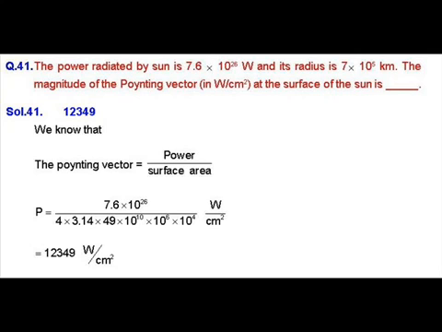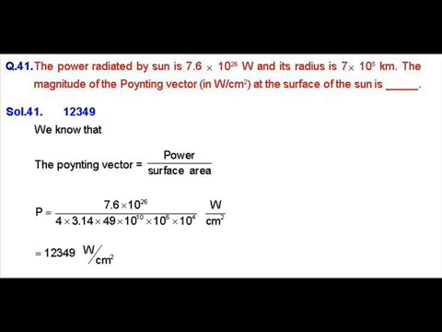The magnitude of the pointing vector can be calculated by the definition of the pointing vector, that is, the pointing vector is equal to the power radiated per unit surface area.